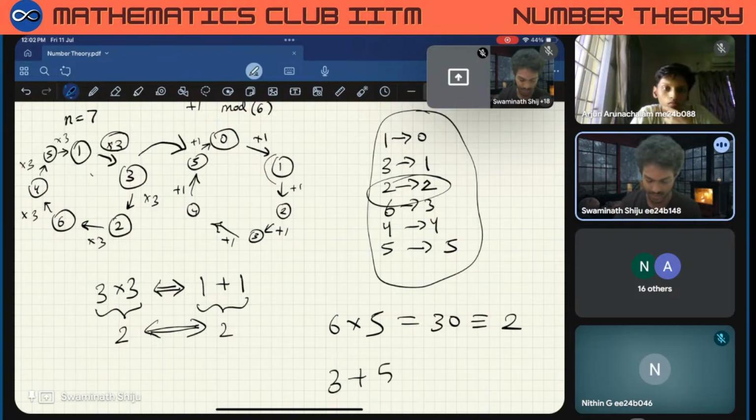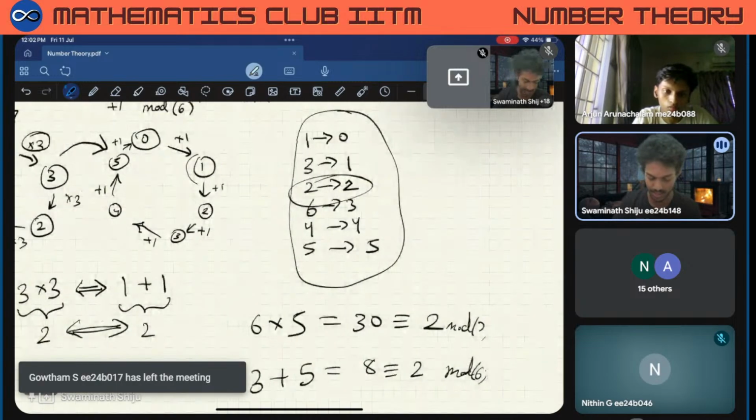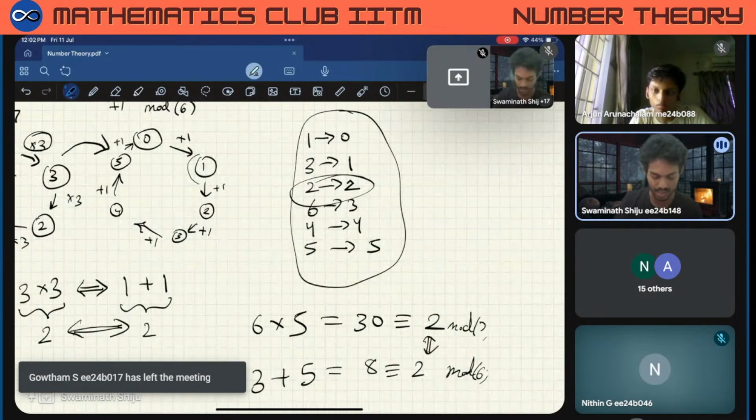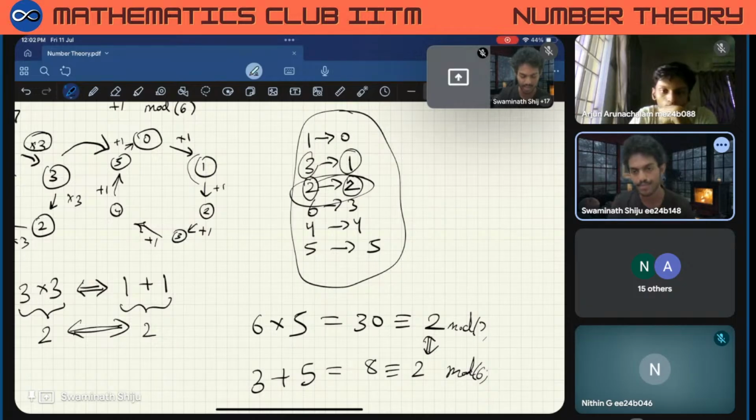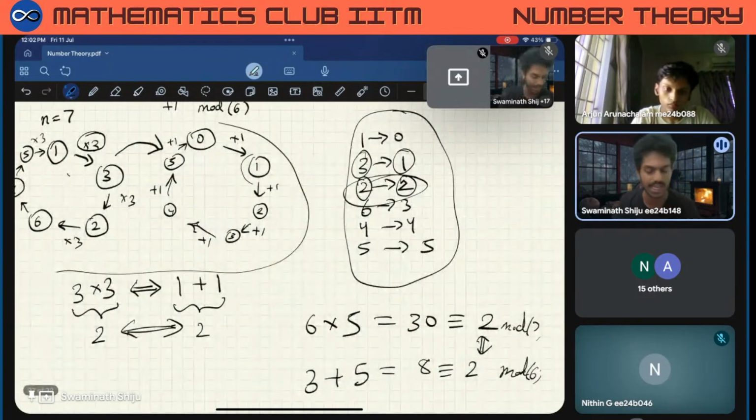That's 8, which is again 2 modulo 6. Again, these are not the same 2's. I just happened to come to 2. But if you get 2 here, you get 2 here. If you get 1 here, you get 3 here. Are you following my argument? I am telling you that these two are equivalent. Any operations you do on these two are completely equivalent.